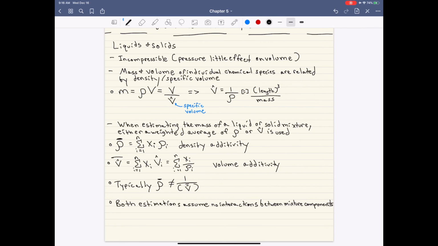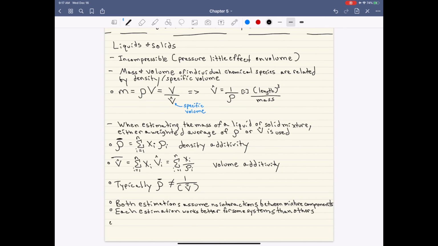All right. Now, whether you should assume density additivity or volume additivity, the answer to that is it depends on the system that you're working with, because each estimation works better for some systems than others. All right.